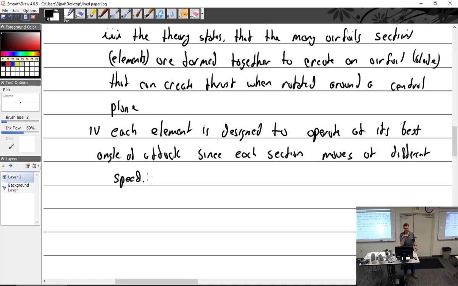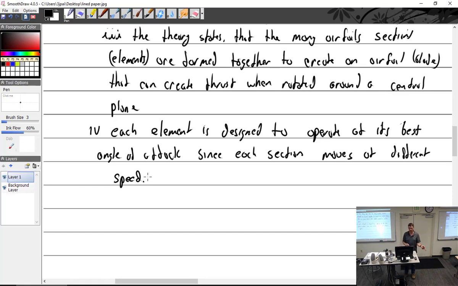Well, the thing about this is the wing from here to here and everywhere is moving at the exact same speed. In a propeller, it is not moving at the same speed. We have it going around in a circle. So out here, this is moving very quickly, and right here, it's not moving so quick because it's a circle. But if I talk about RPM, there's a difference between speed and RPM.